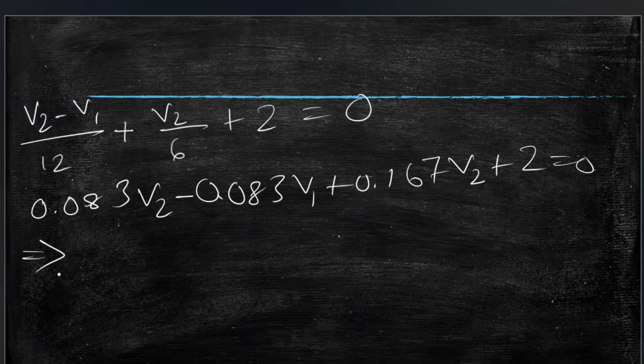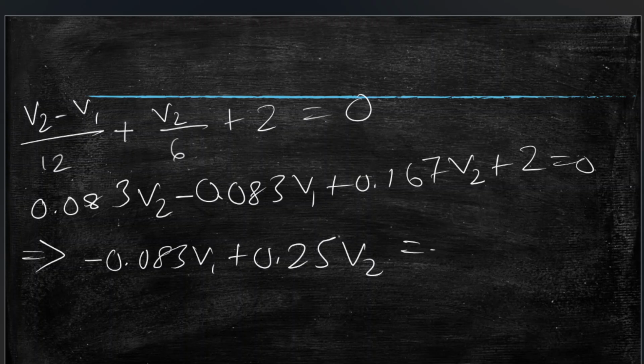Okay, now let's arrange it. Bring V1 to the front. So minus 0.083 V1 plus 0.083 plus 0.167, so 0.25 V2 equal to minus 2. That's our equation 2.